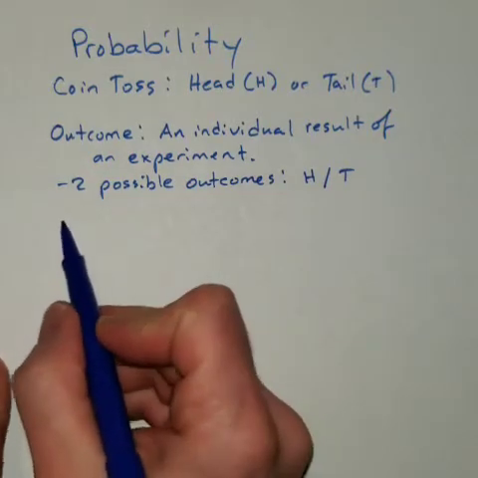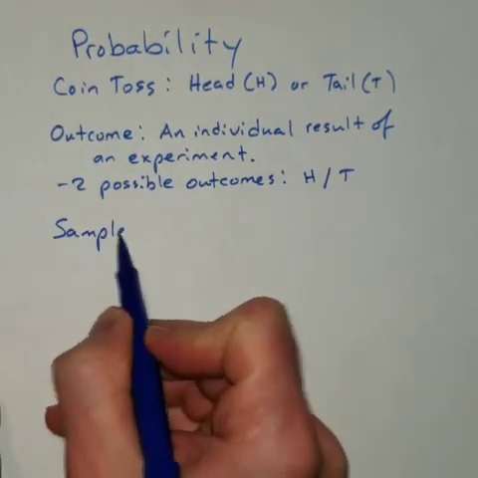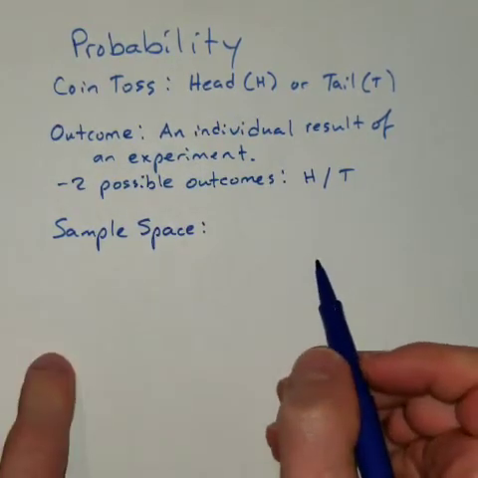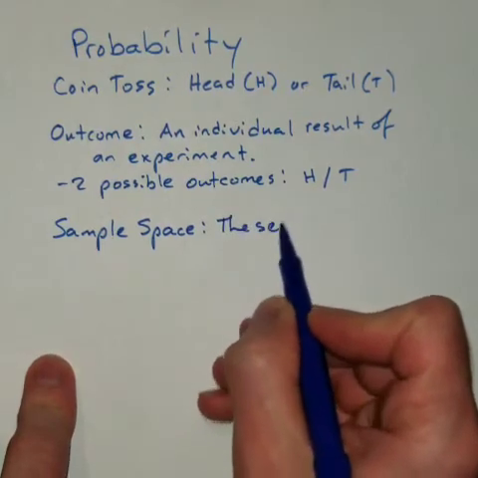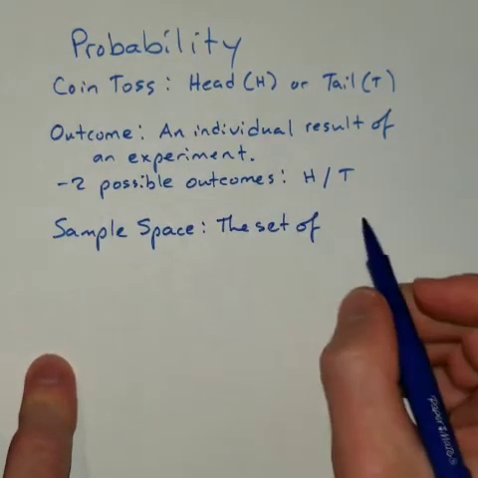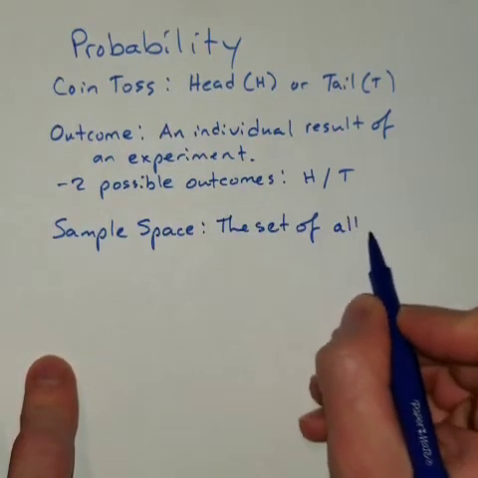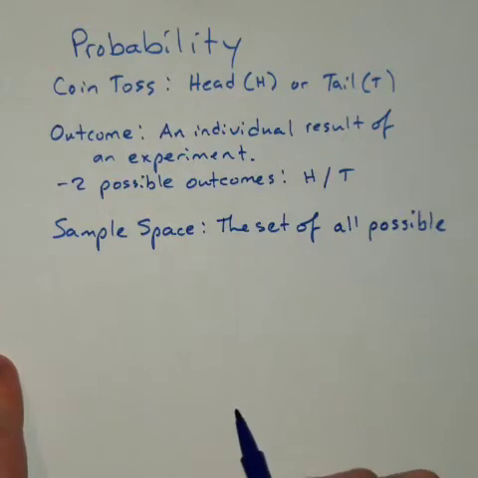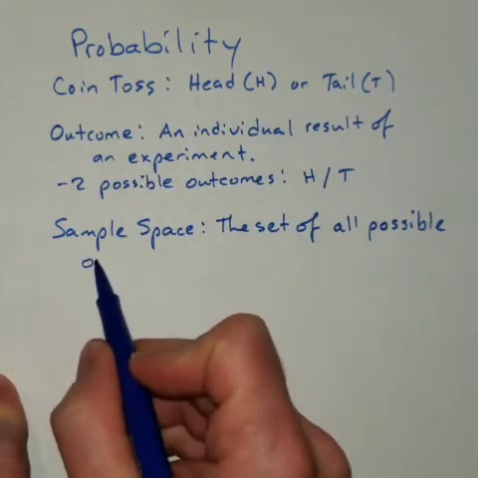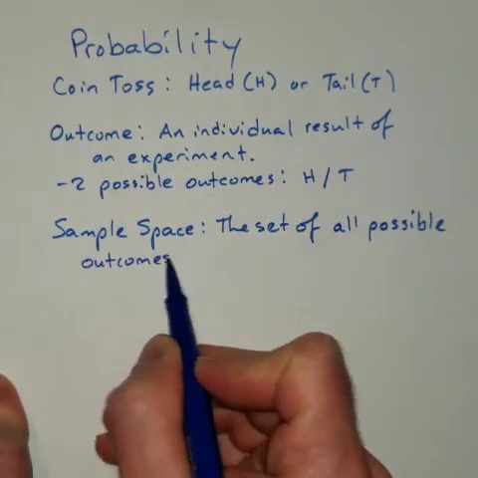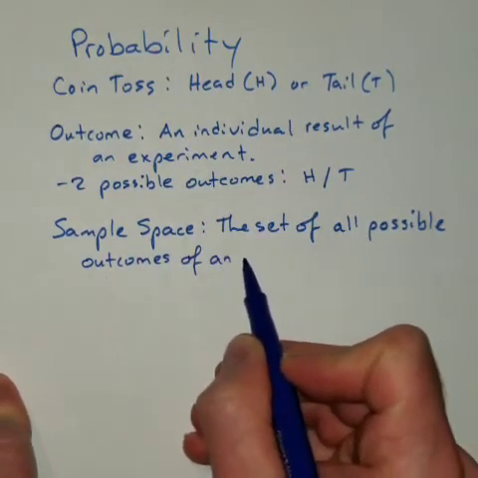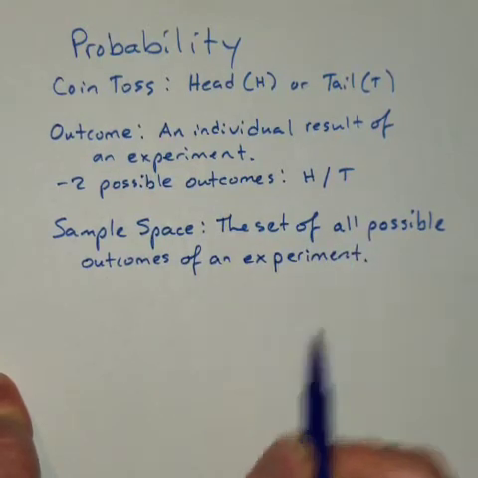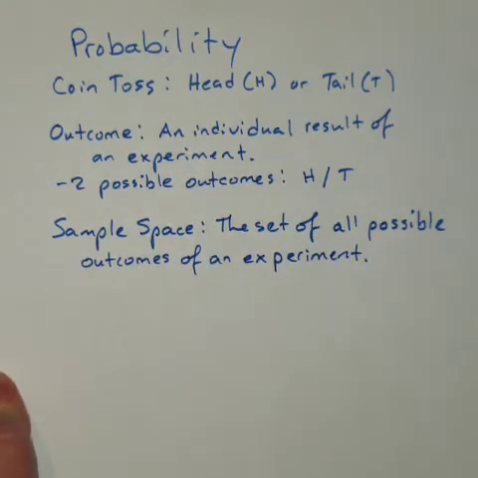Okay. Now, if you look at the total of all the possible outcomes together, we call that a sample space. Okay, so a sample space is the set of all possible outcomes of an experiment.